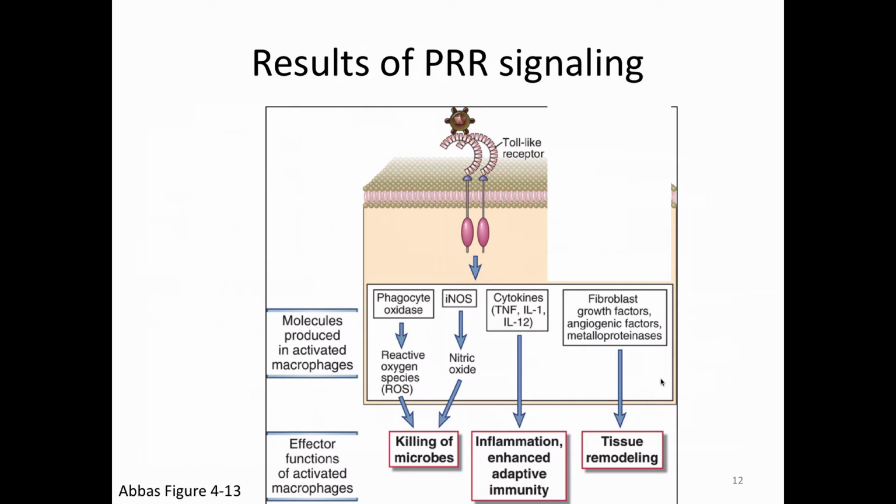These products can have a lot of different roles. One of them may have to do with killing microbes. Some of them are going to have to do with inflammation. Others are going to have to do with tissue remodeling and wound healing.